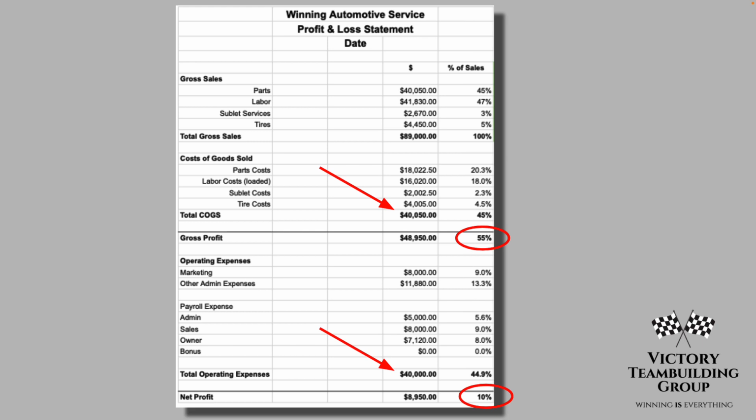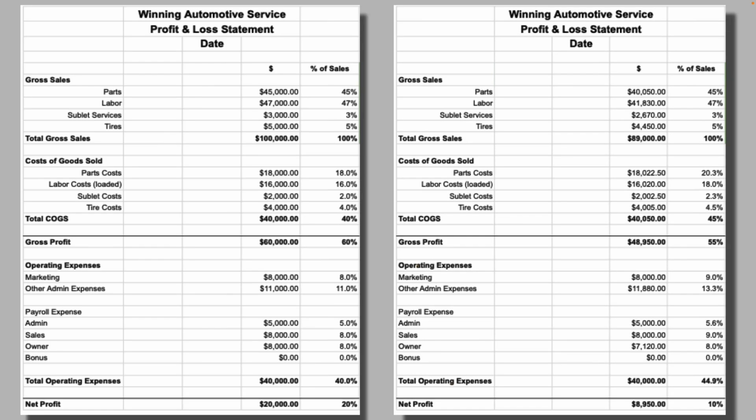You might be running out of time to be able to cover your overhead. If you look at these two shops side by side, their expenses and costs of goods sold are almost exactly the same. Yet one shop is making $20,000 a month in profit, and the other shop is making $8,950 in profit.